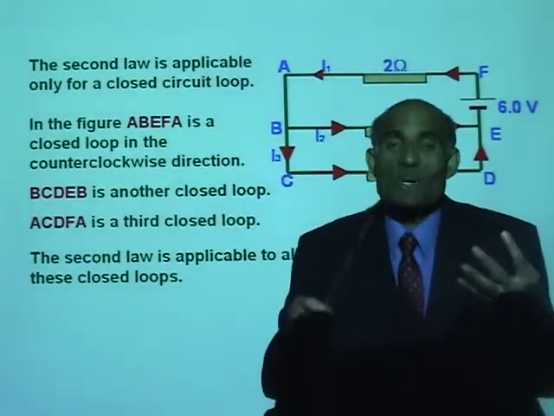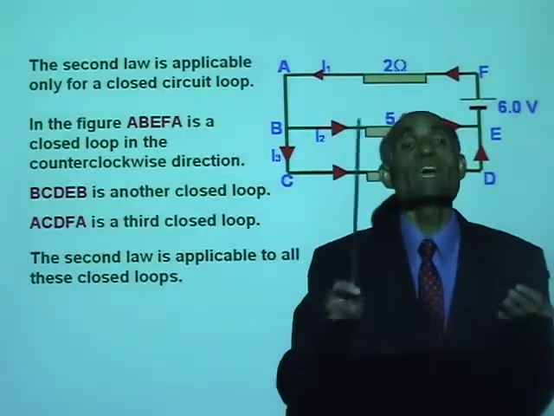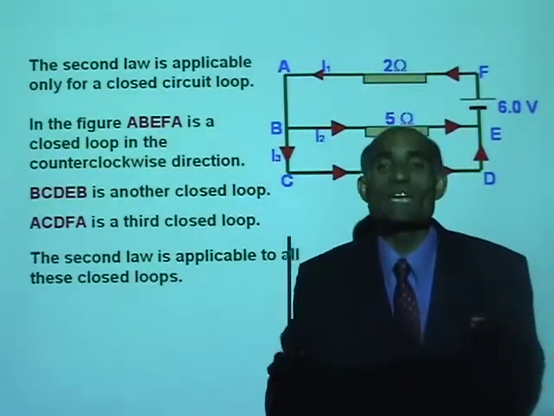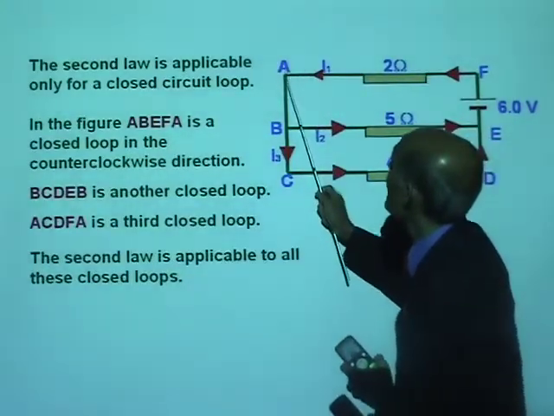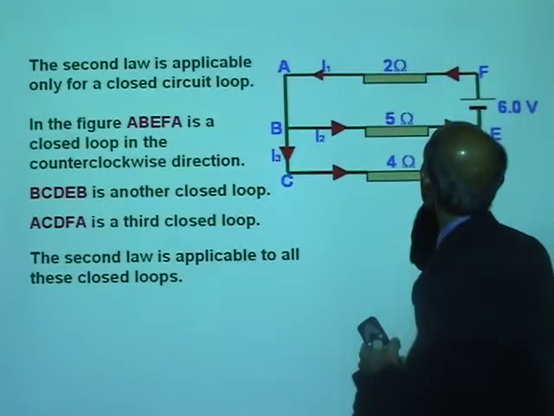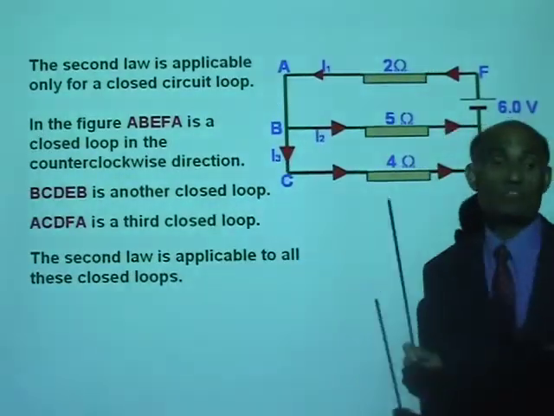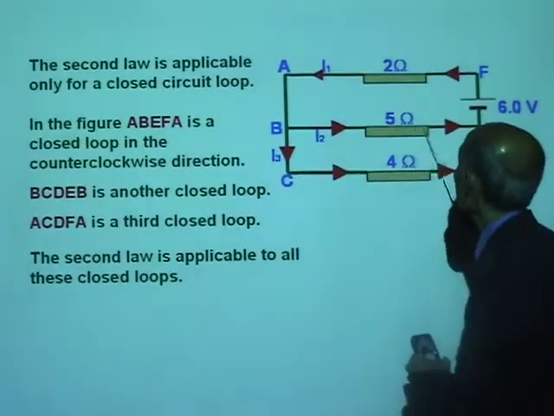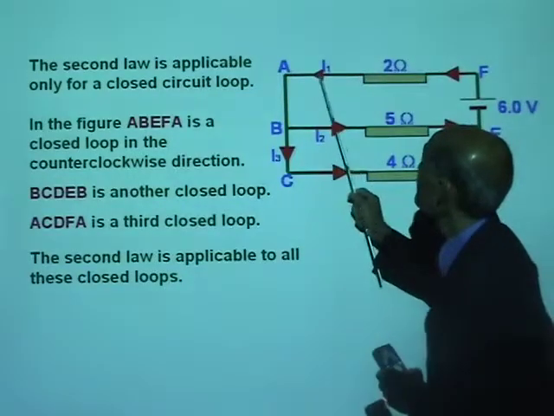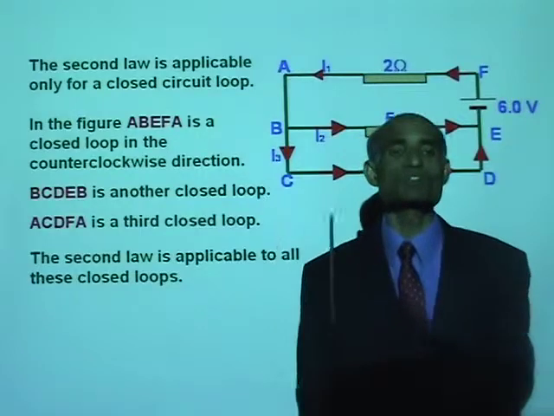The algebraic sum of the potential drop in a closed loop is 0. So if you take a closed loop A, B, E, F, A, now how many things are there in that loop? There is a 5 ohm resistor, there is a cell, and a 2 ohm resistor. Those are the components in that closed loop.